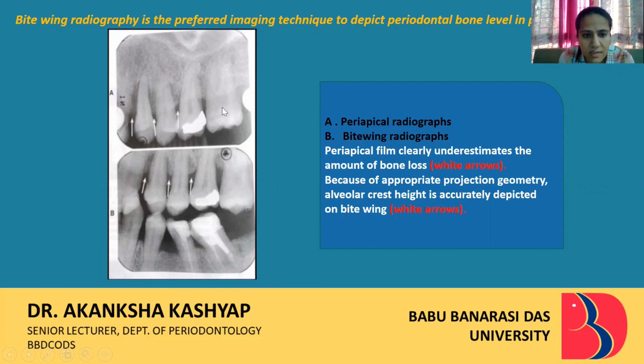Here this is the periapical radiograph, this is the bite wing radiograph. The periapical radiograph clearly underestimates the bone loss. This is the actual bone loss, and this is the bone loss which is being shown in the periapical radiograph. So the periapical radiograph actually underestimates the amount of bone loss.